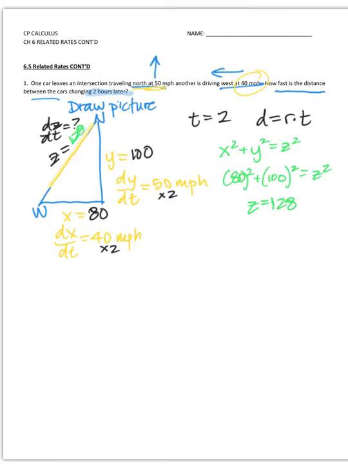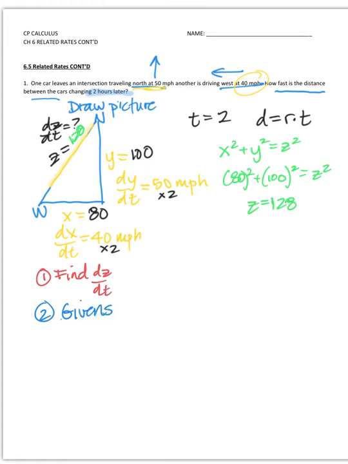So we can now put together our steps. The first thing we have is that we want to find the change between the cars, which is the change on the hypotenuse. The next thing we're going to identify are the givens, and we have quite a few.